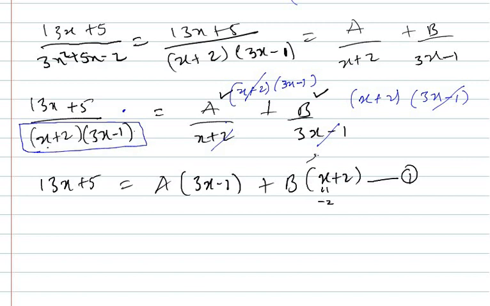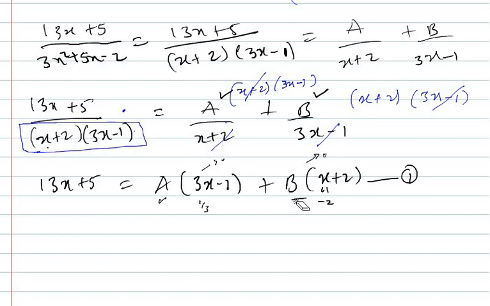So if this goes to 0, I will be able to find the value of A. Likewise, if I make the A term 0 by putting x equal to 1 over 3, 3 times 1 over 3 is 1, 1 minus 1 is 0. So all this is 0, then A cancels, and I will be able to find the value of B.